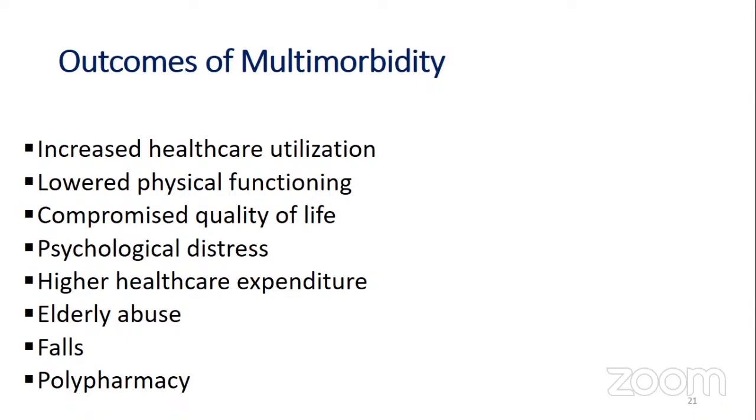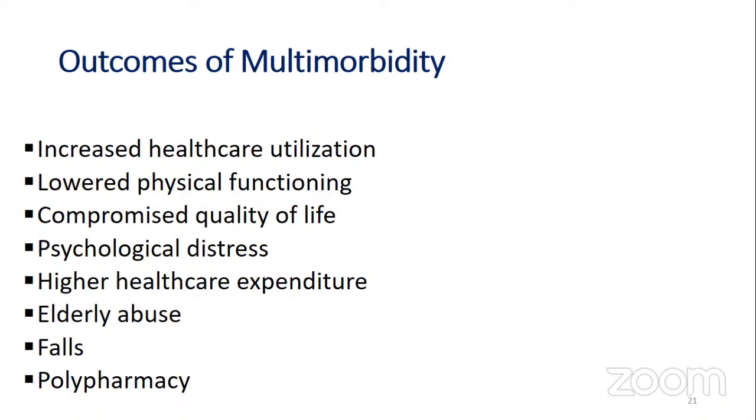Then lowered physical functioning is there, and health-related quality of life is always compromised. Then psychological distress will be there, and higher healthcare expenditure on both inpatient as well as outpatient services. It can also lead to elderly abuse.